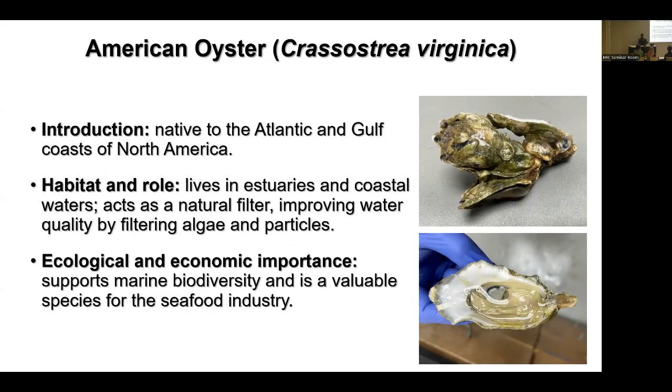So now let's have a look at the American oyster. Already you have known about it. It is very common and native to the Atlantic and Gulf coasts of North America, and it lives in estuaries and coastal areas. It is very important ecologically because it acts as a natural filter feeder, improving the quality of water by filtering algae and other particles, and it is very important economically.